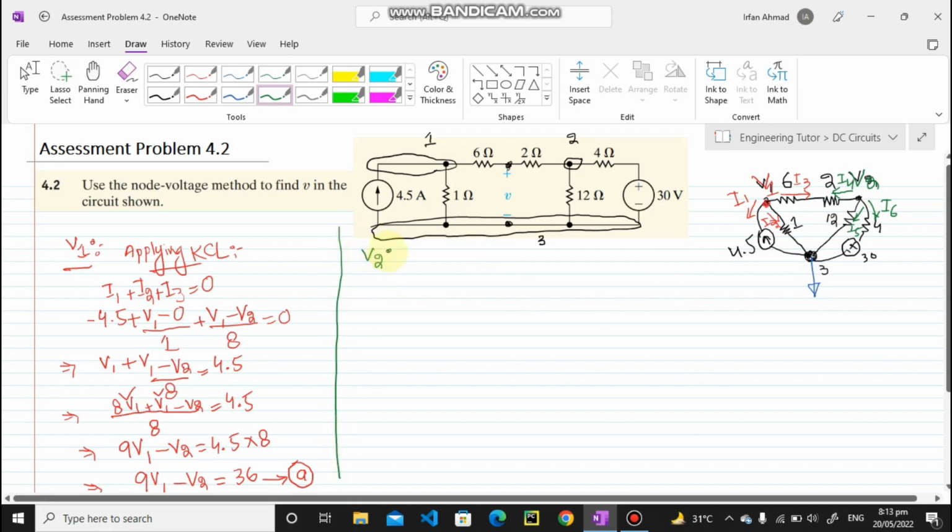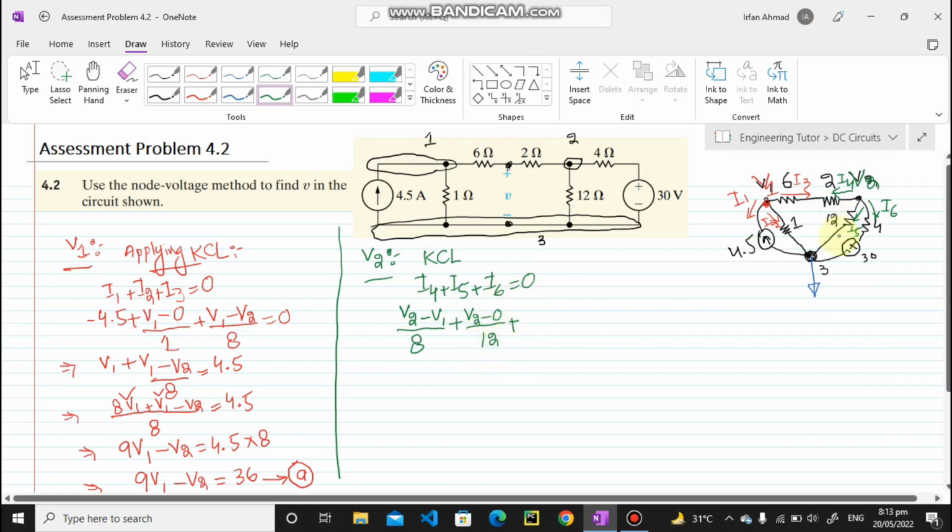At V2, again applying KCL, the sum of all the currents which are moving away from node 2 is equal to 0. For I4, applying KVL, we get V2 minus V1 divided by 8, potential difference divided by the resistance. I5 is V2 minus 0 divided by 12.